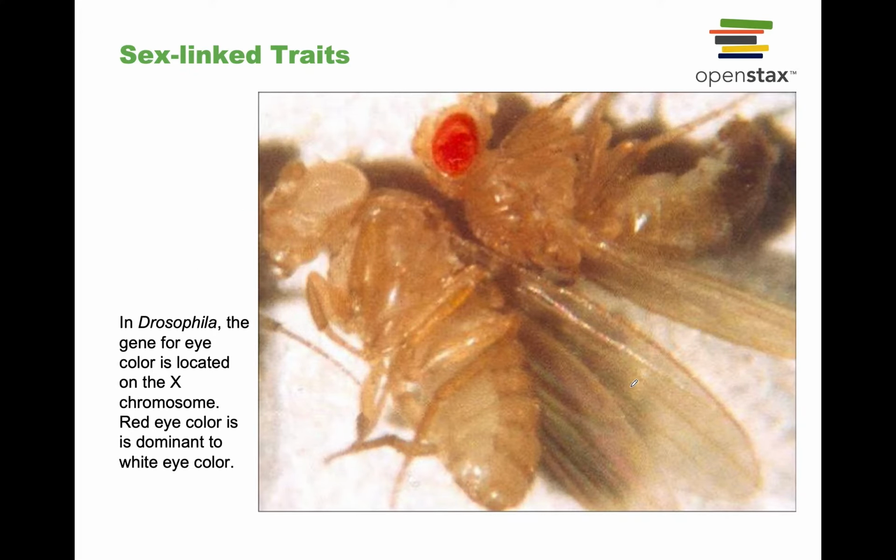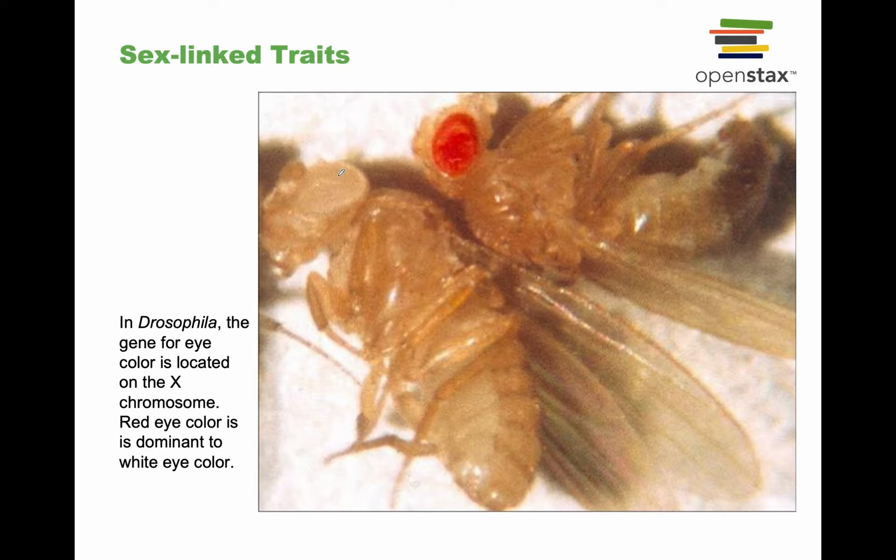So the first incidence of sex linkage was identified by Dr. Morgan, who studied genetics in flies. And the phenotype his lab was looking at was the color of eyes. Most flies in nature have a red eye, and that happens to be the dominant allele for red eye color.